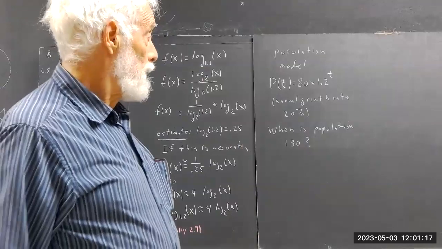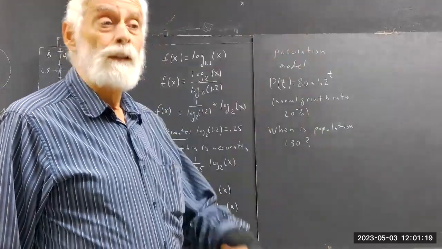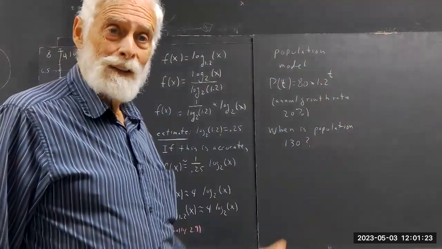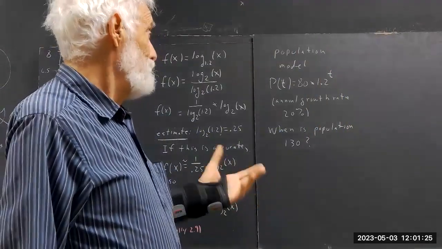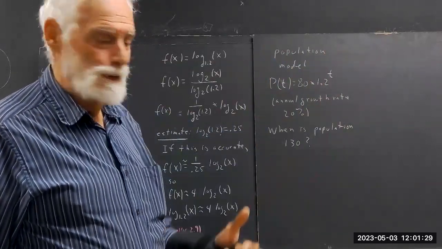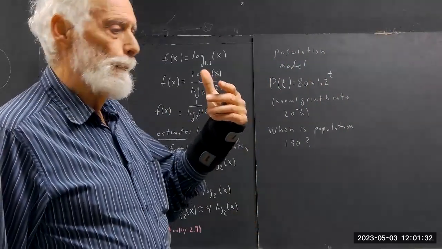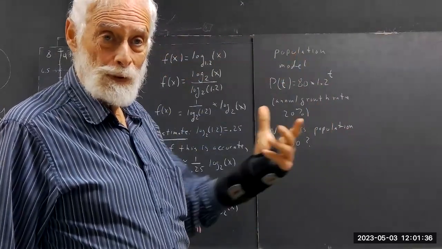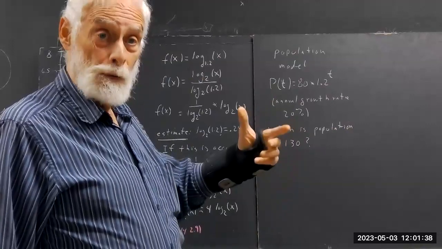Now we can estimate that 20% of 80 is 16. So after 1 year, say we're up to 96, and 20% of 96 is about 19. So just using whole numbers, we get 115, and 20% of 115 is 23.